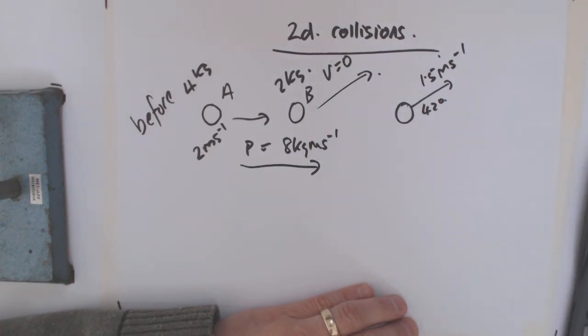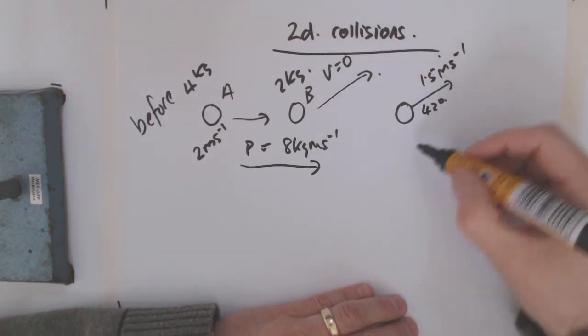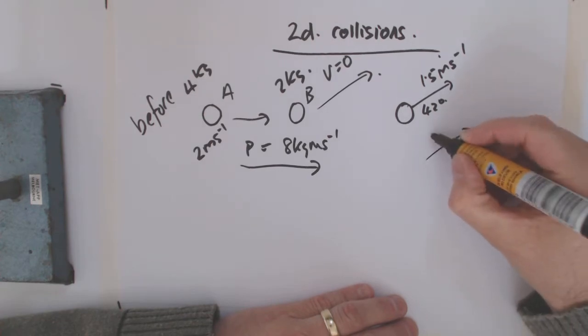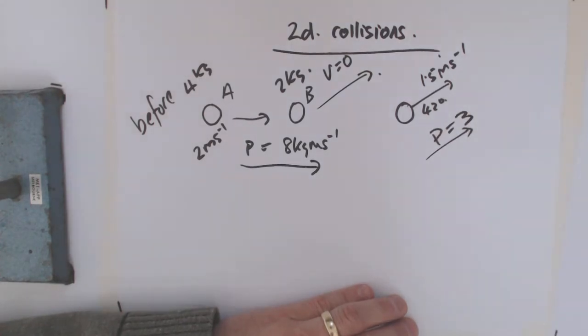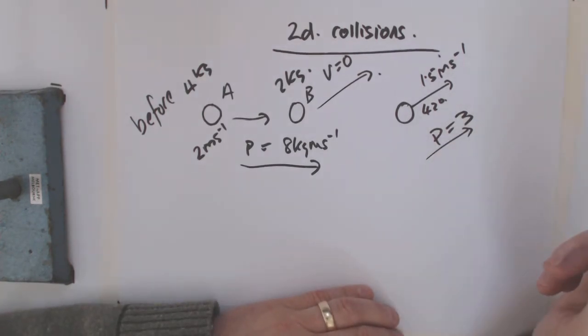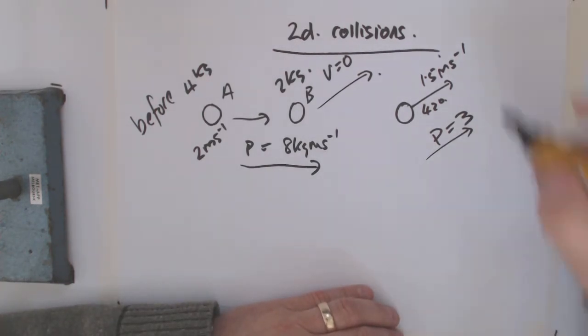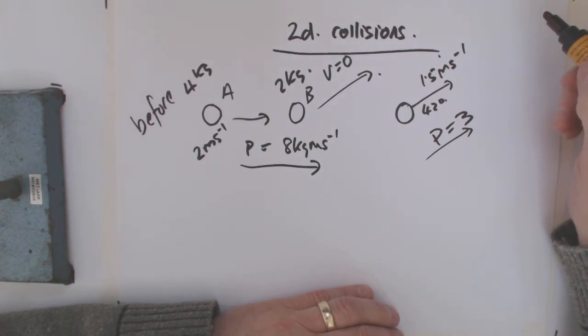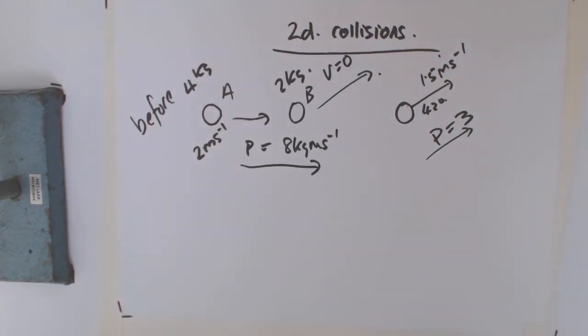So its momentum is 1.5 times its mass, which was 2, so 3. It's now got this vector going like that, P equals 3. Now, that one's momentum plus A's momentum must equal the total momentum before, because momentum's got to stay constant.